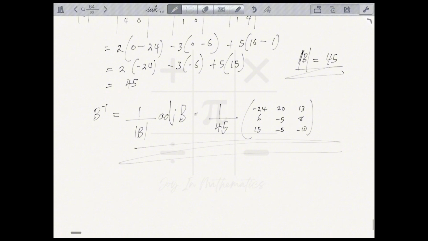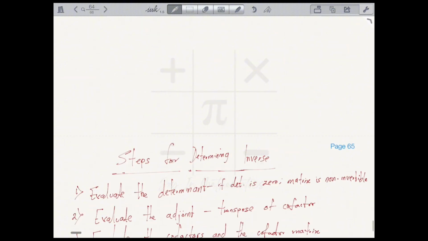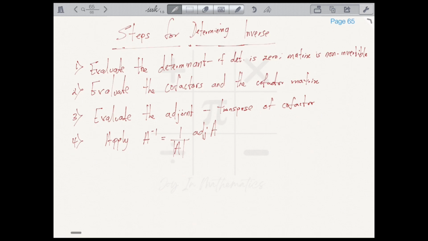Now let us summarize the whole process of evaluating inverse. These are the steps for determining inverse. The first step is to evaluate the determinant. If the determinant is 0, the matrix is non-invertible, and this brings us to the lesson we had on singular matrix.